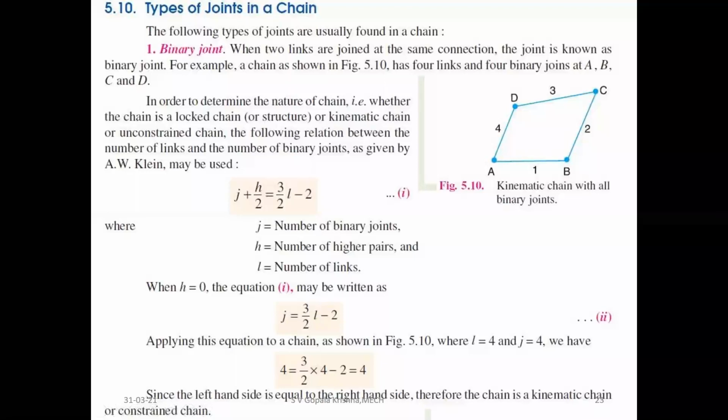When we attain LHS equals RHS, the type of chain is a constrained chain. That means it may have 1 degree of freedom.